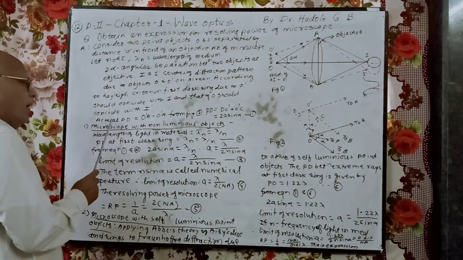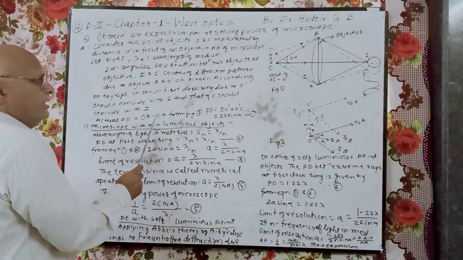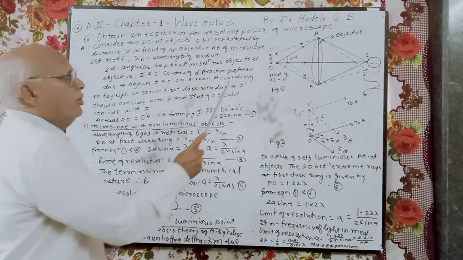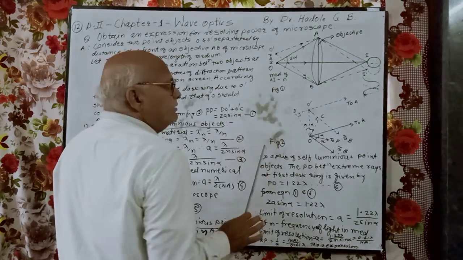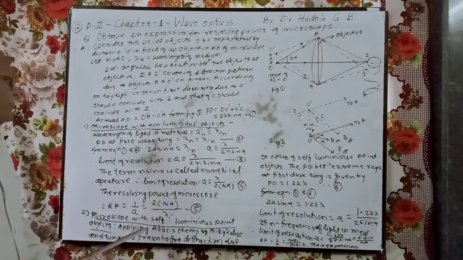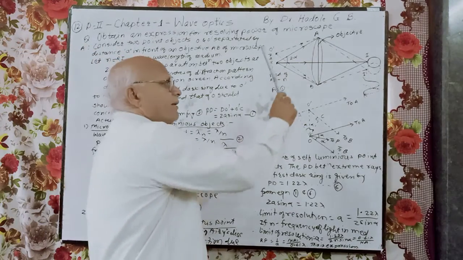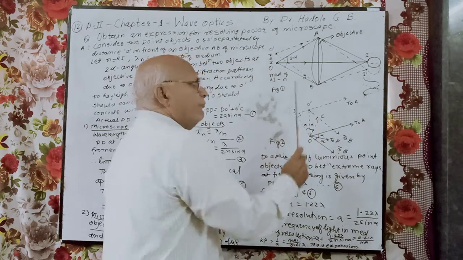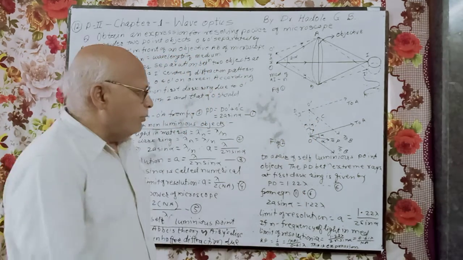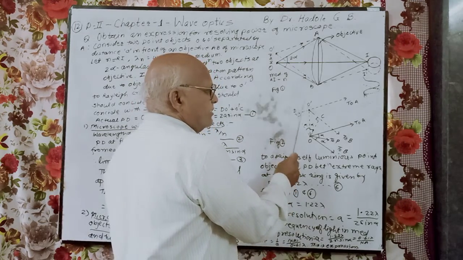Now, the actual path difference is O dash B minus O dash A. This is the actual path difference. Now from figure B, the schematic ray diagram for this microscope is drawn in figure 2. This is object O, this is object O dash.